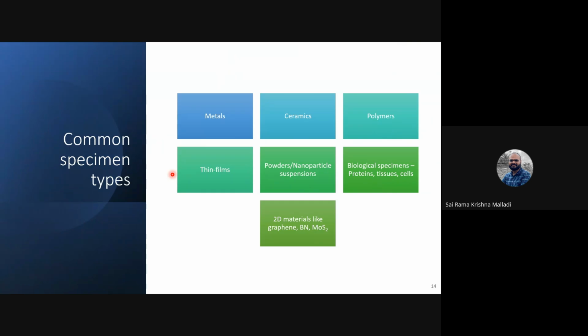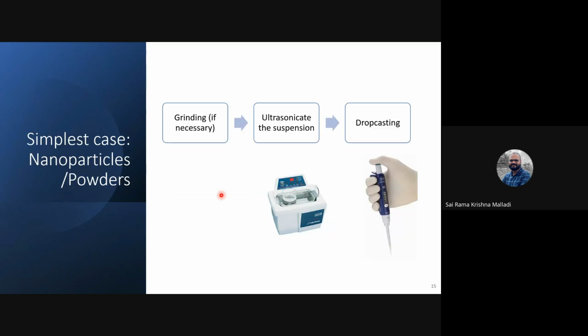Typically, the most common specimen types are metals, ceramics, polymers, thin films, nanoparticle suspensions, and so on. I'll focus only on simple methods for ceramics and thin films. The easiest case is if you have nanoparticles or powders: I can crush them, grind them, ultrasonicate them, and drop cast them on a TEM grid. I can crush and grind them using a mortar and pestle, and then drop cast with a pipette like this.